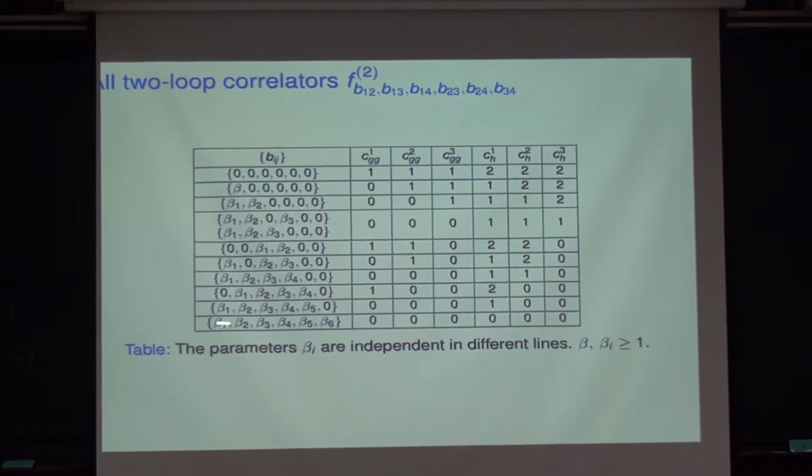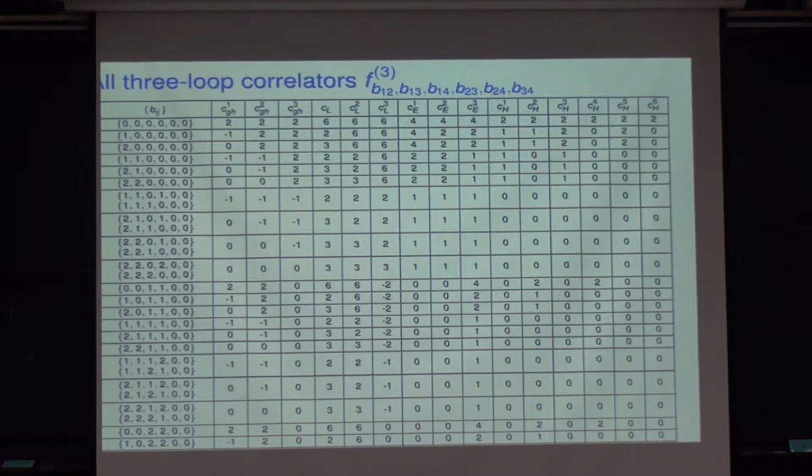Again, if they're all non-zero, you get a very non-planar prefactor, and that's why this is completely dead. So the most general case is just 0. That's the 2-loop result, and then the 3-loop result takes a couple of slides to get, I'm afraid. So there you go. These are all the 3-loop results.